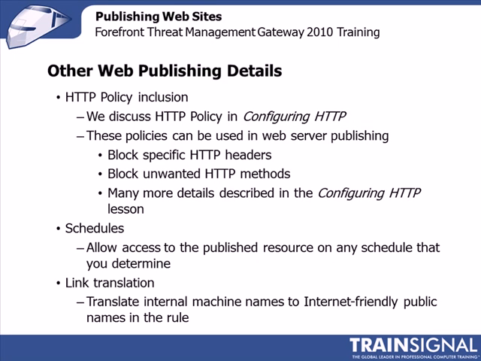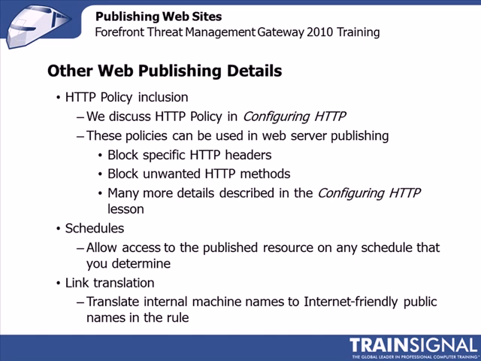One of the nice things about web publishing rules is you can use HTTP policy as a part of the web publishing rule. Now, we discussed HTTP policy in the Configuring HTTP lesson in this course. And you can use these policies in web publishing rules just as you can in the access rules in which we did modify the HTTP policy earlier.